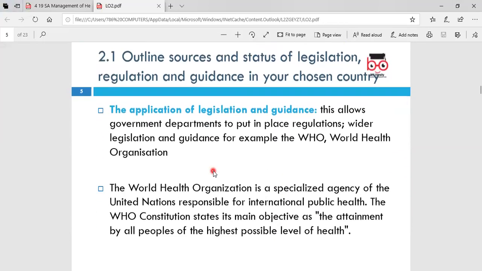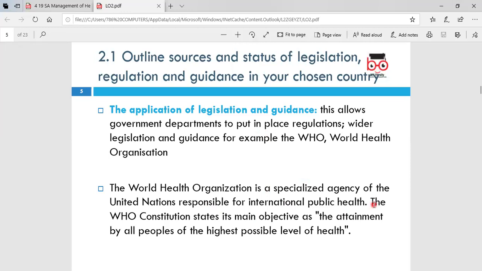And then the application of legislation and guidance. This would allow government departments to put in place the regulations, so wider regulation and guidance. For instance, the WHO, the World Health Organization. We have several legislations and guidance from the World Health Organization. It's a specialized agency of the United Nations that's responsible for international public health.